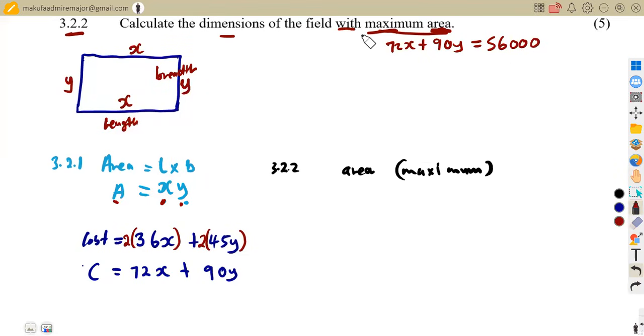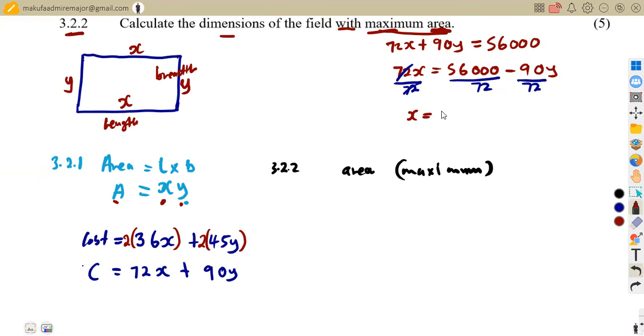So from this, I can make either x or y the subject, all right? So let's say I want to make x the subject. I can transpose the 90y to the other side so that it can be a negative there. So I'm going to remain with 72x is equal to 56,000 minus 90y in this case. So to find x, we can simply divide by 72 each and every term. So our x at the end is going to give us what?